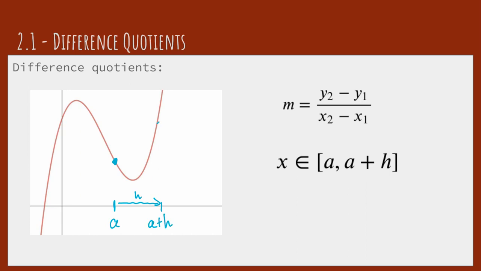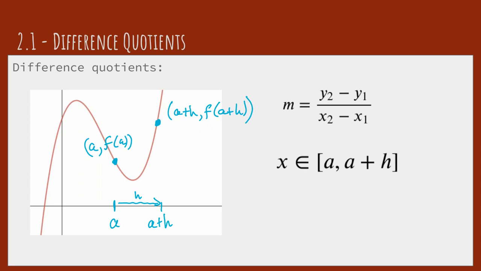So same idea here. The first point is a, f of a. And then instead of b, we have a plus h as the x coordinate, and then f of a plus h is going to be the y coordinate.